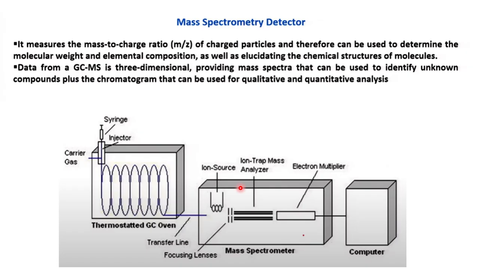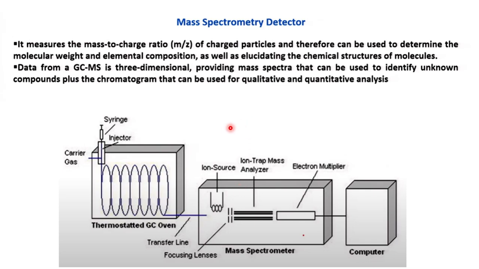Now, the mass spectrometry detector measures m by z, the mass-to-charge ratio of a charged species, and therefore it can be used to determine the molecular weight and elemental composition, as well as elucidate the chemical structure of molecules.